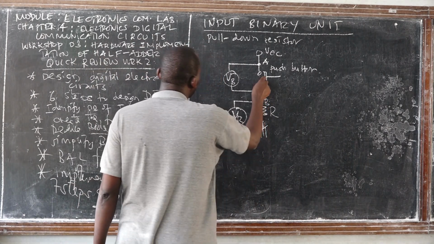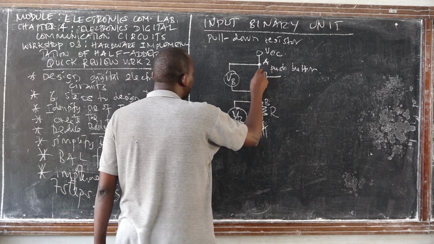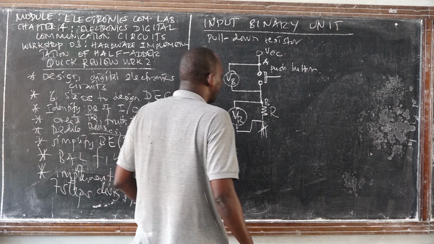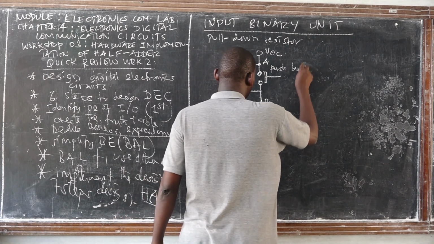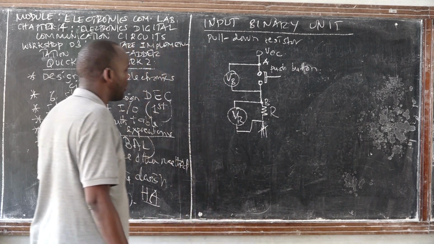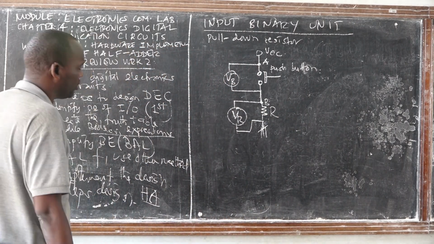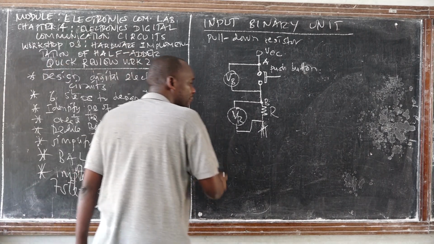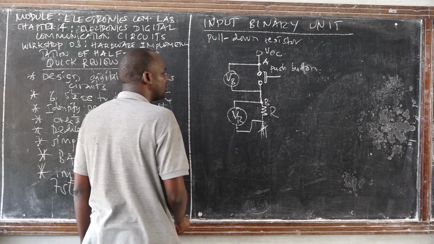Why do we like to use this? Because we use pull-up and pull-down resistor networks in digital circuits a lot. Are we together? So we drew these diagrams.